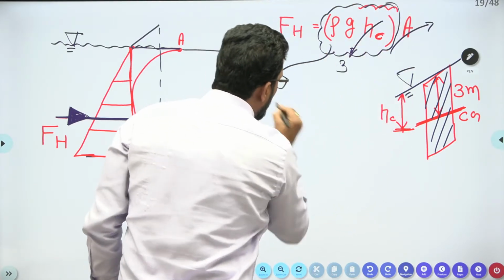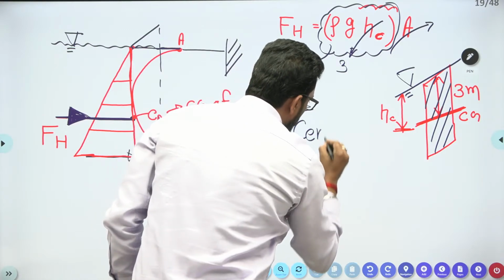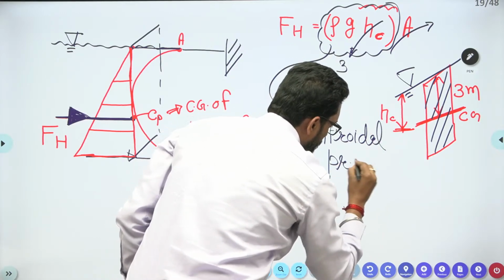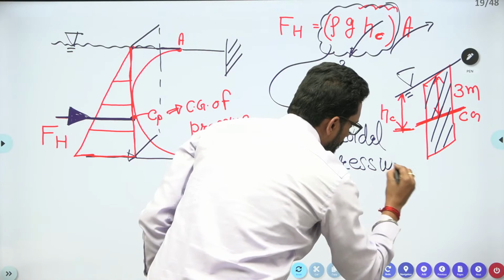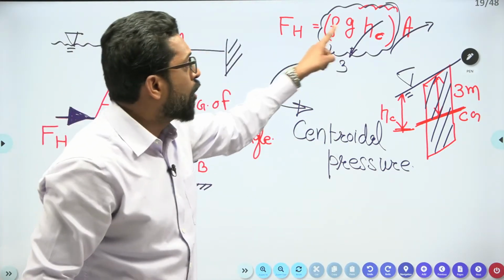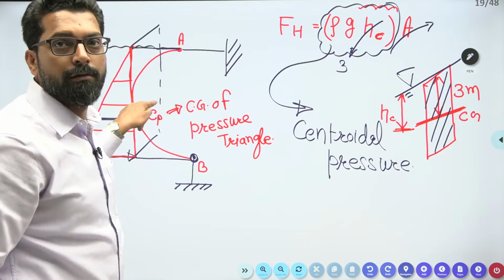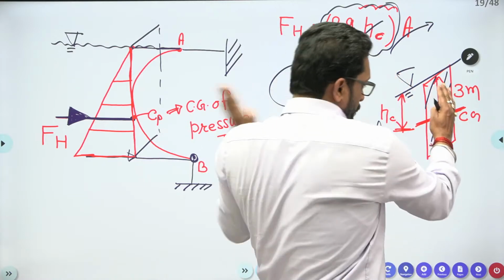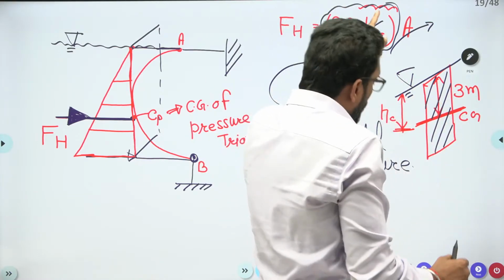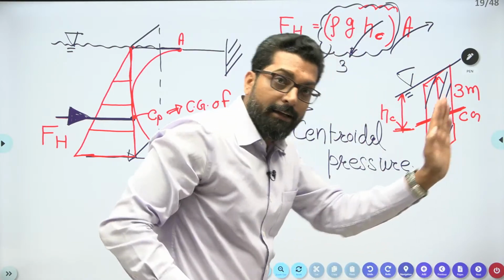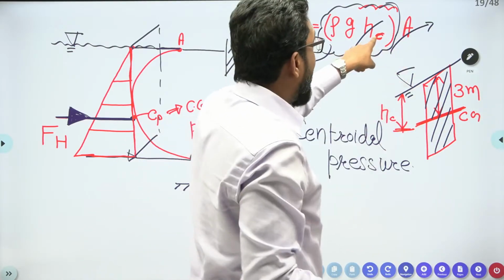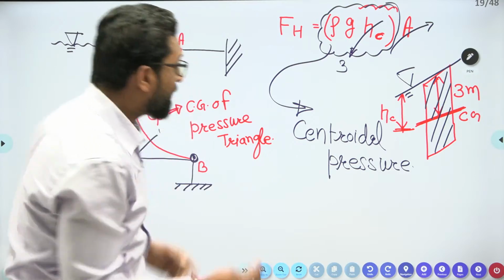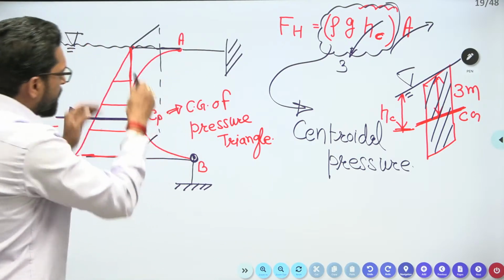This is the centroidal pressure, rho G H, that is, the pressure at the center of the vertical plane. That means the force acting on the plate in the horizontal direction is up to the CG from the free surface.